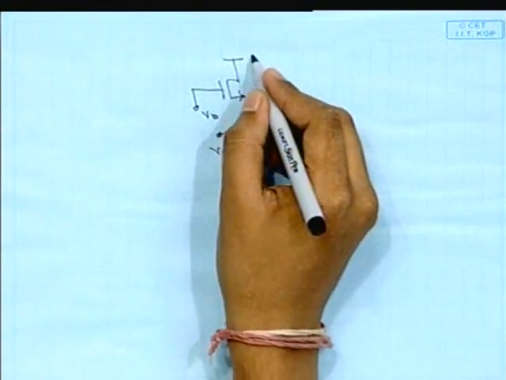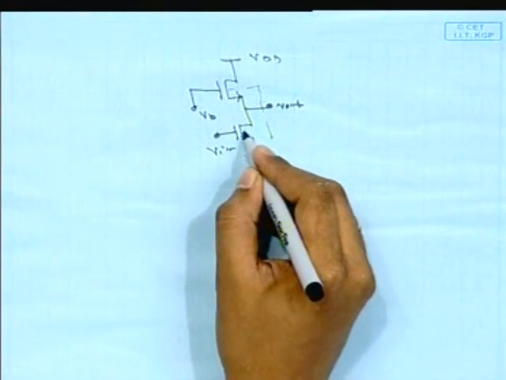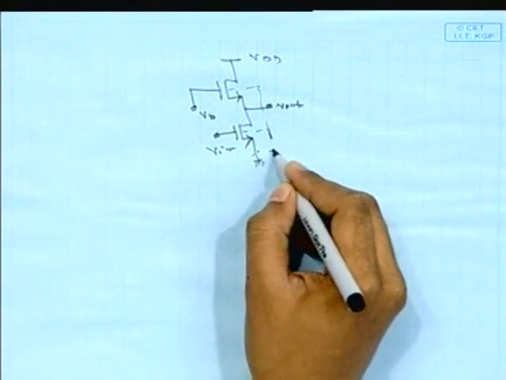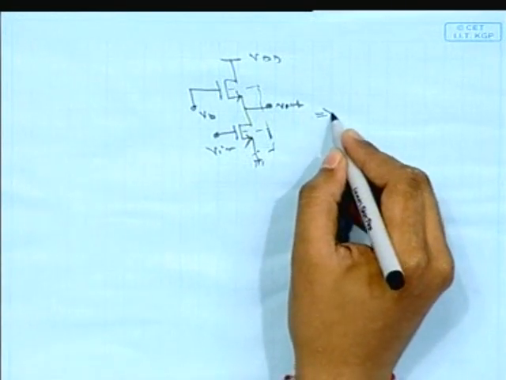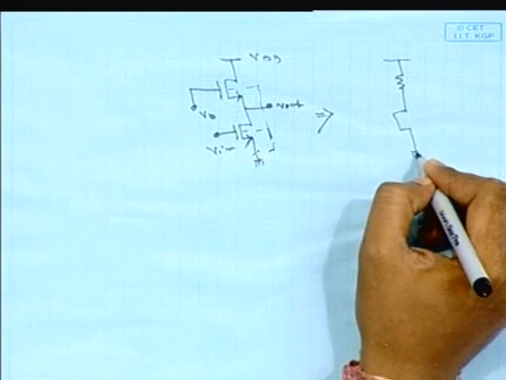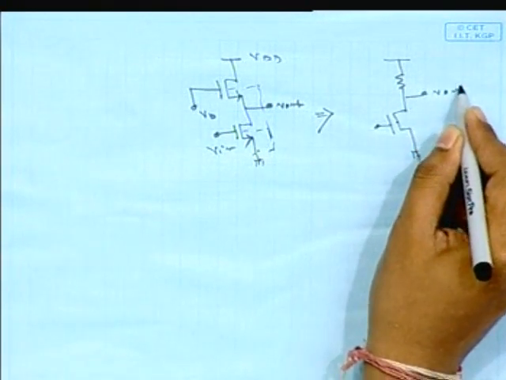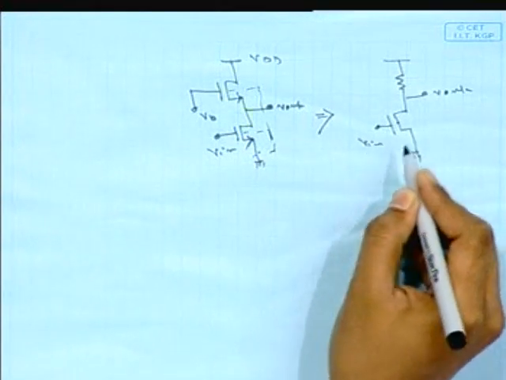This VB, this VDD. Okay, all these are connected to the ground, that is, the bulk is connected to the ground, and this can be approximated as this. And what is this?